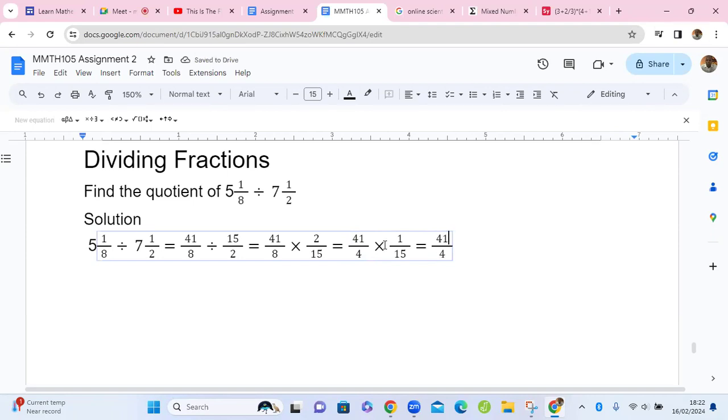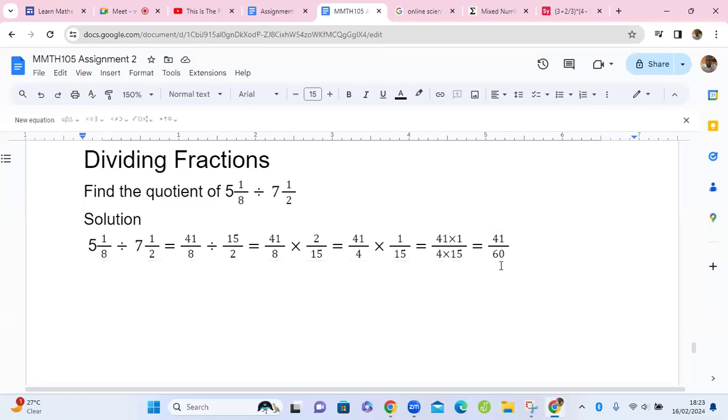So that's 41 times 1 over 4 times 15. 41 times 1 is 41, and 4 times 15 is 60. So we have 41 over 60. And it stays that way. It's a proper fraction in the simplest form.